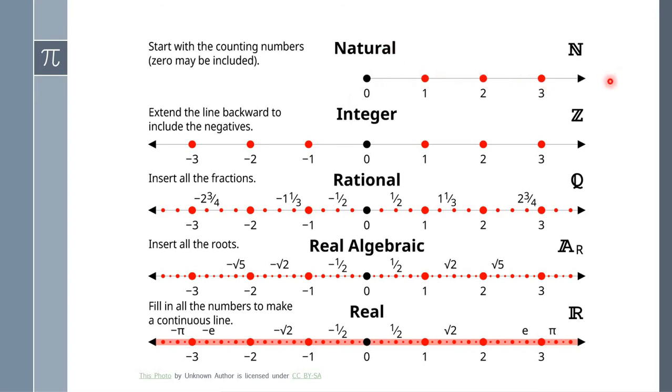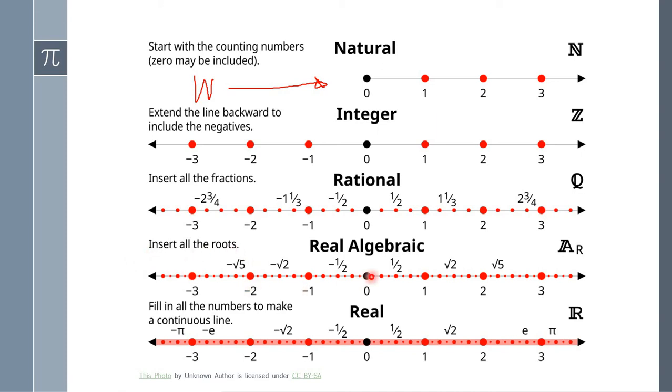The 0 is not in N; the 0 is in W. So when the whole number includes 0, that is W. And then Z: extend the line backward to include the negatives. Insert all the fractions, and it becomes rational. So all the naturals, all the integers, once fractions are added, become rational.